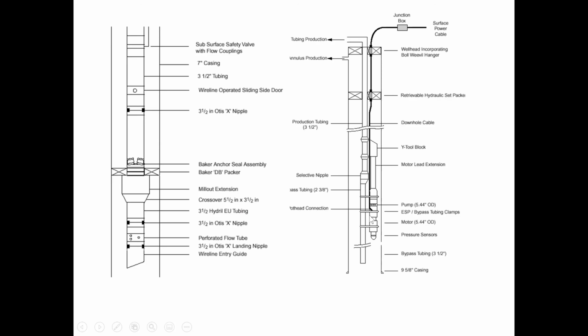So here, the motor is always below the pump itself. And that motor is powered by this power line. Yeah? And there is a junction box at the surface. And then normally we have a variable speed system here so that when we start the pump, we don't put in full power.